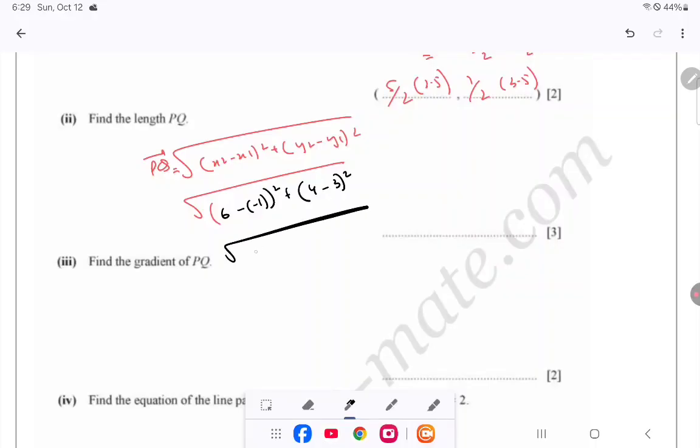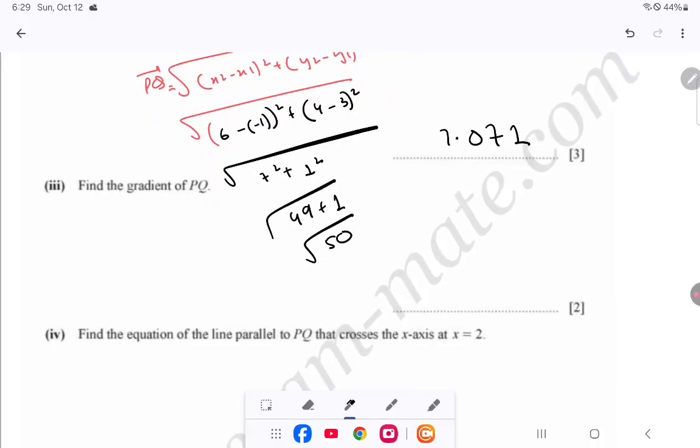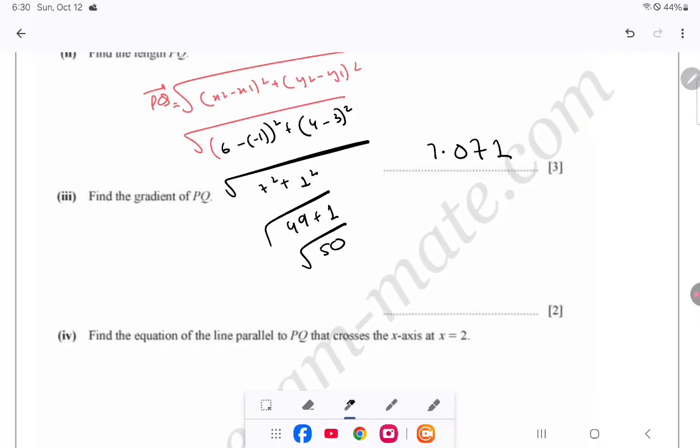Negative, positive, 6 plus 1, 7 square plus 1 square. 49 plus 1, it will be something 7 point something, which is 7.071.